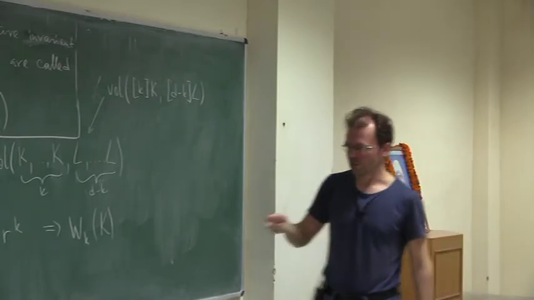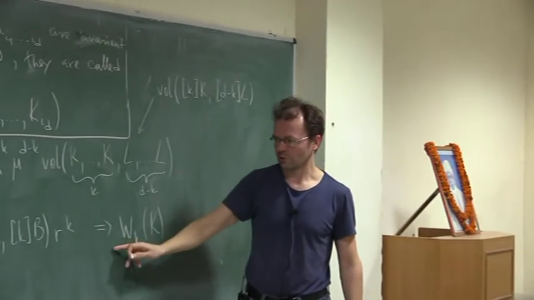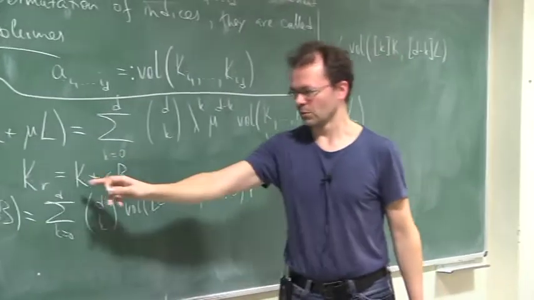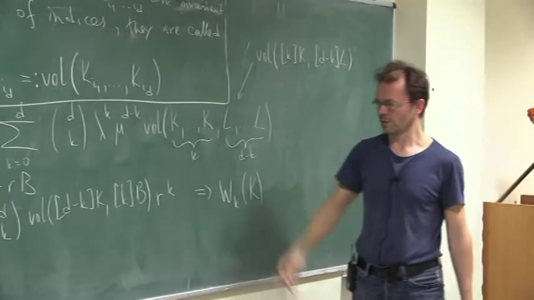One important special case is the Steiner formula. In that case, we just have a combination of two bodies, and also one of the coefficients is just equal to 1.